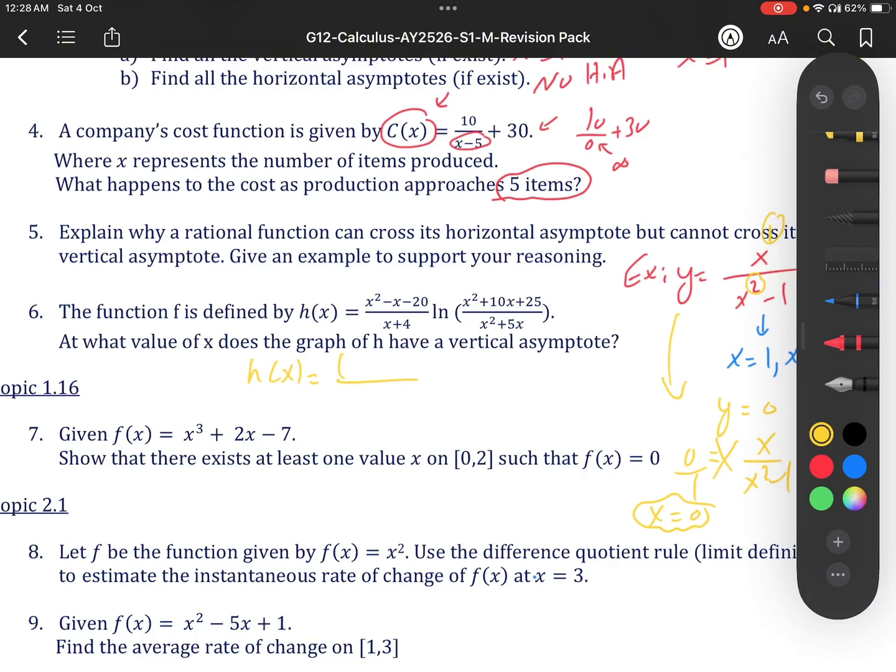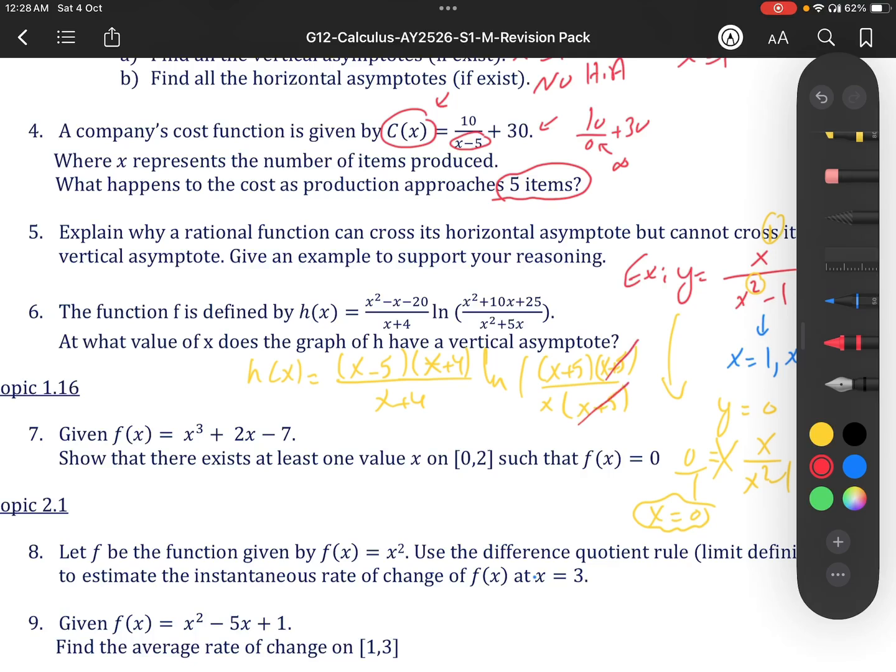So factoring -5 and +4, ln, x and x, +5 and +5, GCF x into x plus 5.